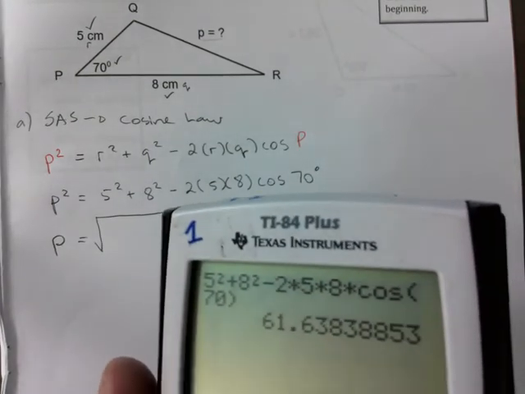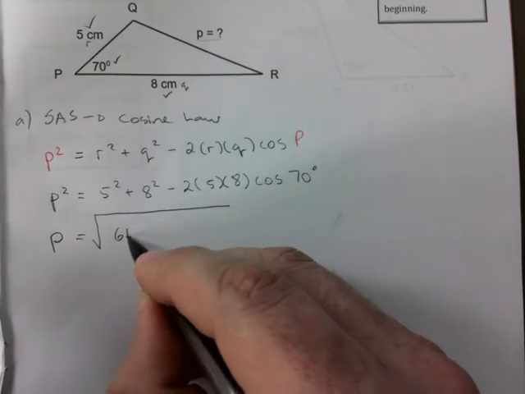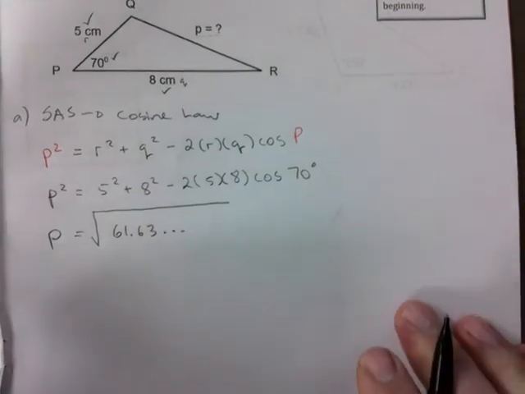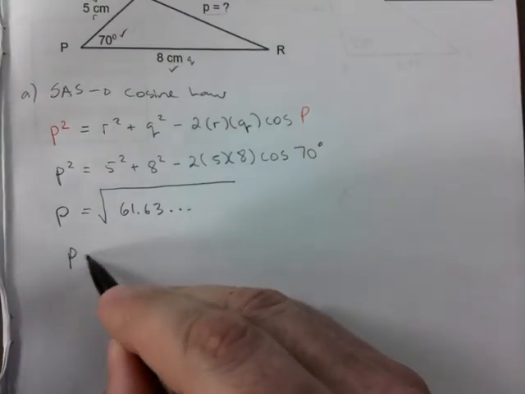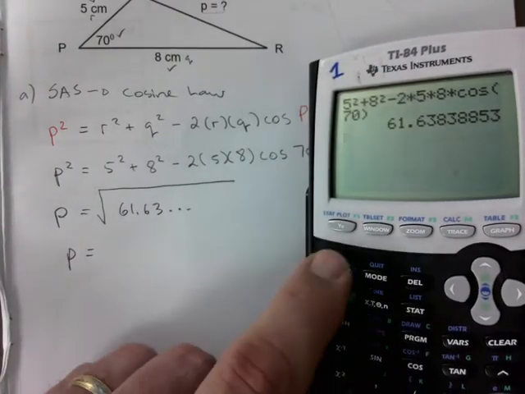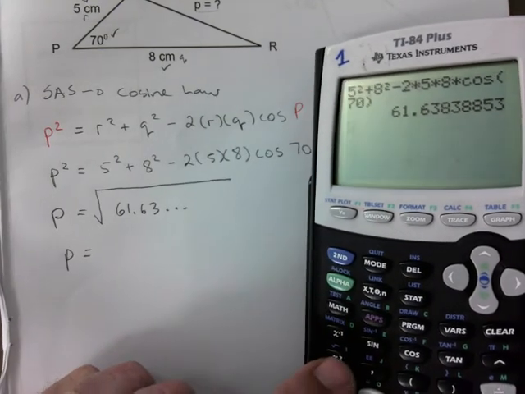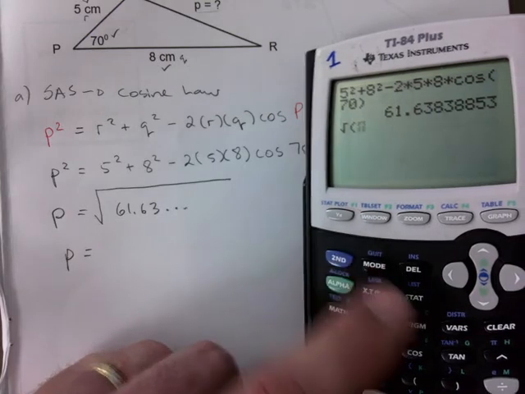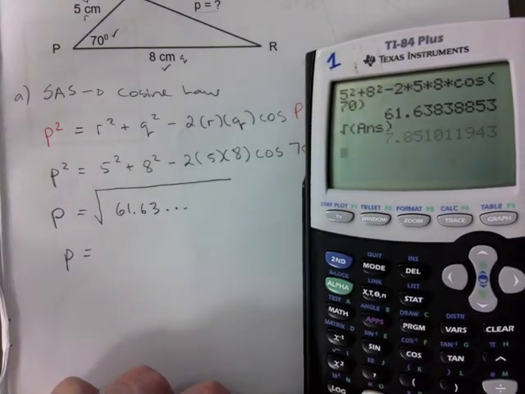I use all decimals. So I go 61.63, and then I just go dot, dot, dot like that. And then I go, do you remember how to do square root? Second x squared. Then I go second negative to call the answer.